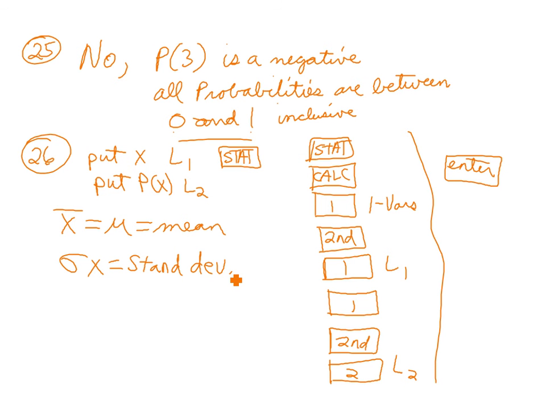So once I did that, I came up with mu equal to 1.596, and sigma of X, the standard deviation, was 1.098.